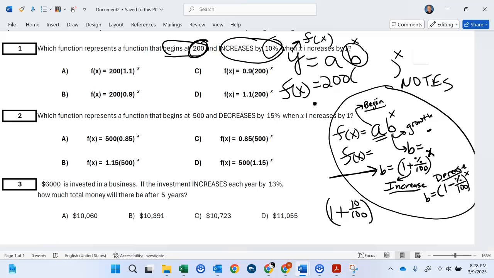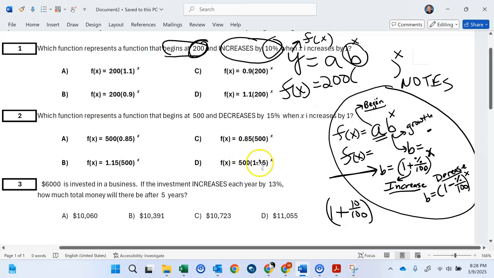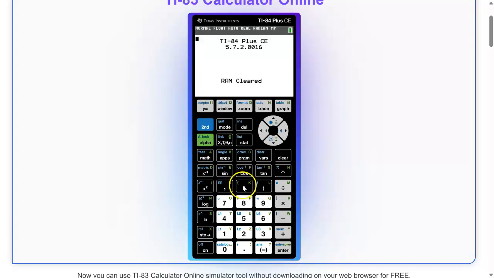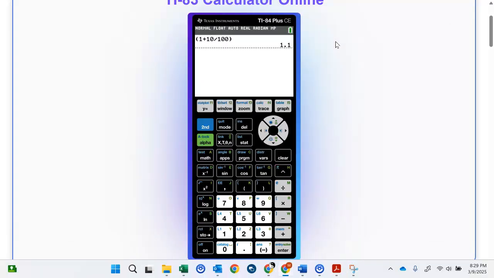If you do 10 divided by 100 on your calculator, let's see what we get. On the calculator, we go parenthesis, 1 plus 10, divided by 100, parenthesis. And that is going to be 1.1.